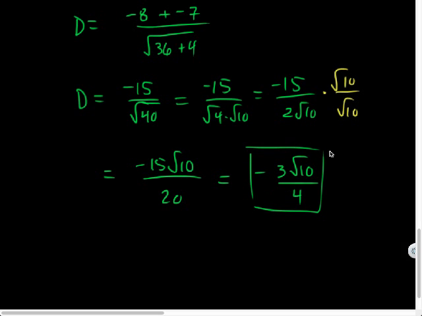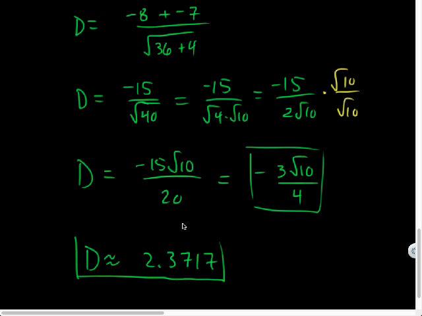As far as a distance, we'll just take the positive version of that, so 3 times the square root of 10 divided by 4, and I end up with 2.3717. That's the distance between two parallel lines without too much work.